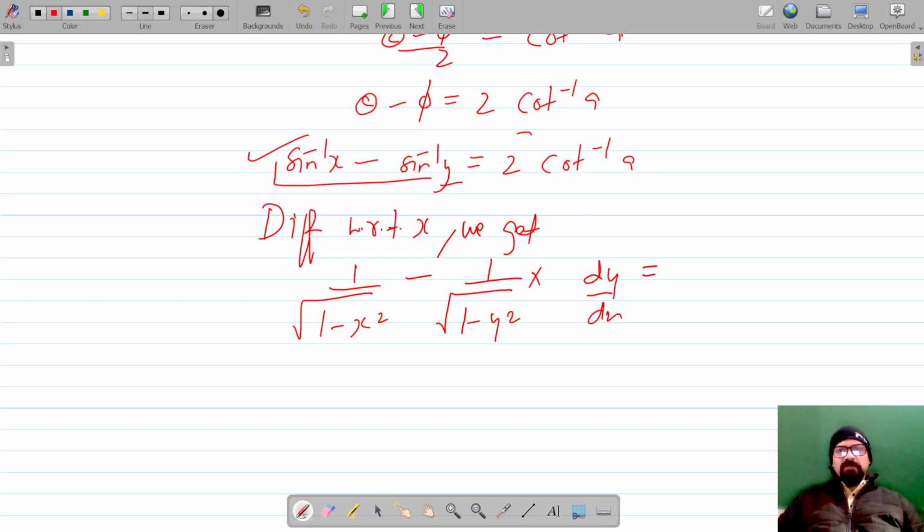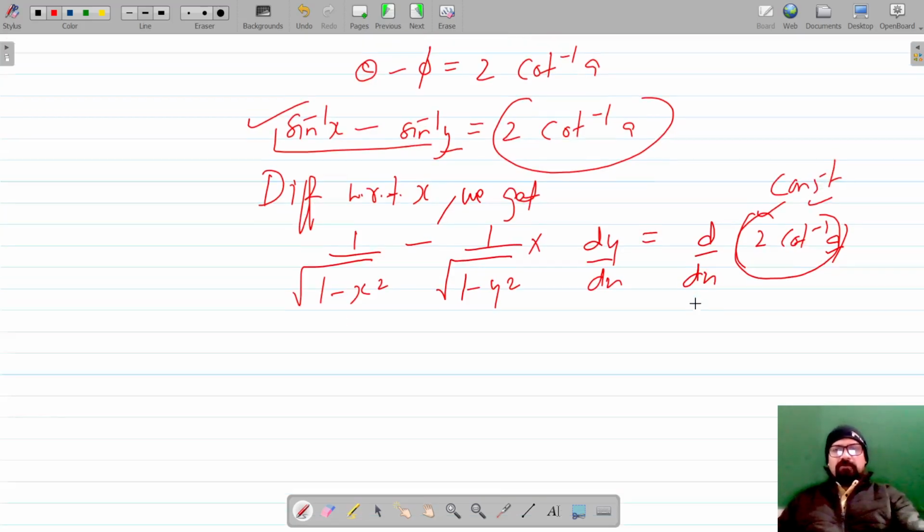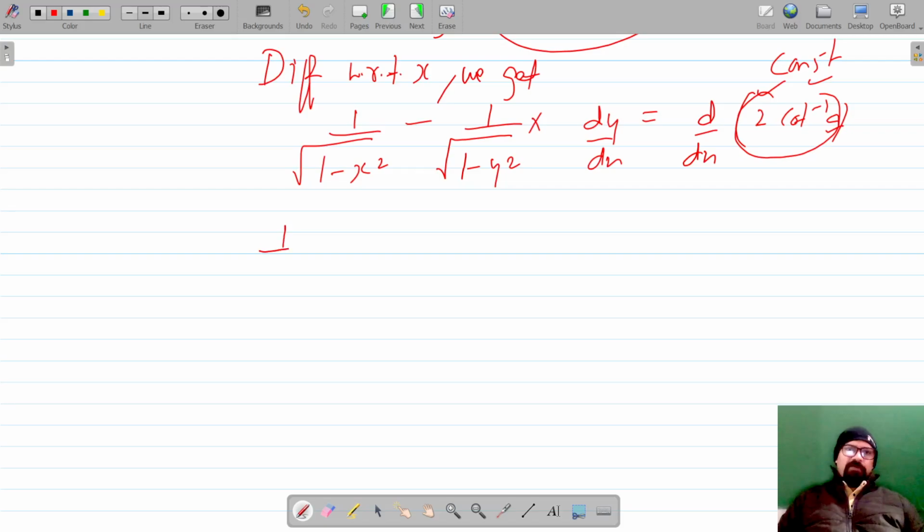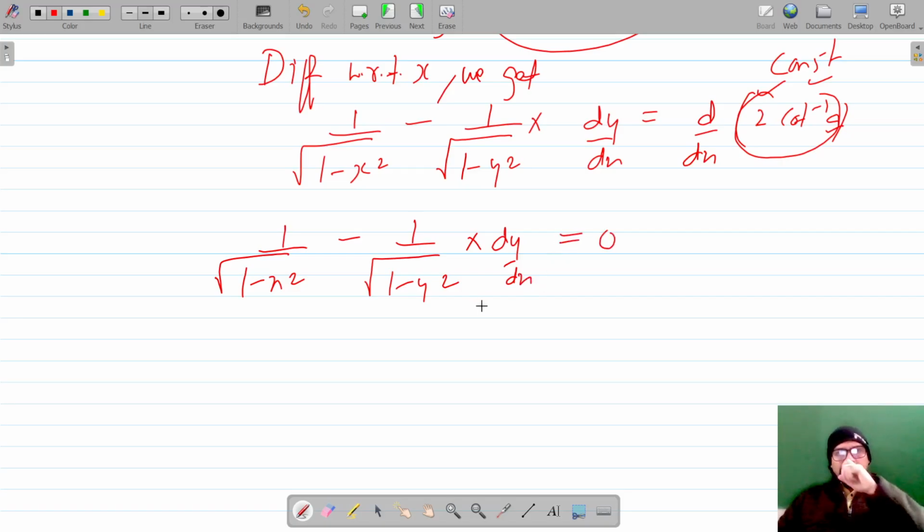And the differentiation of 2 into cot inverse a: 2 is constant and cot inverse a is also constant, and differentiation of a constant is 0. So finally we are left with 1 upon under root 1 minus x squared minus 1 upon under root 1 minus y squared into dy by dx is equal to 0.